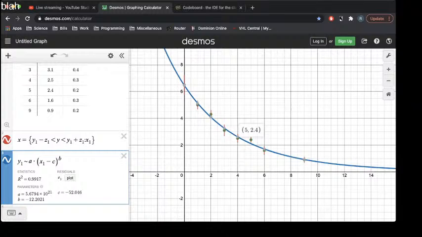Now, what is the downside of this? Well, if I look at the downside of this, the linear model only had 2 free parameters. This shifted power law has 3 free parameters.